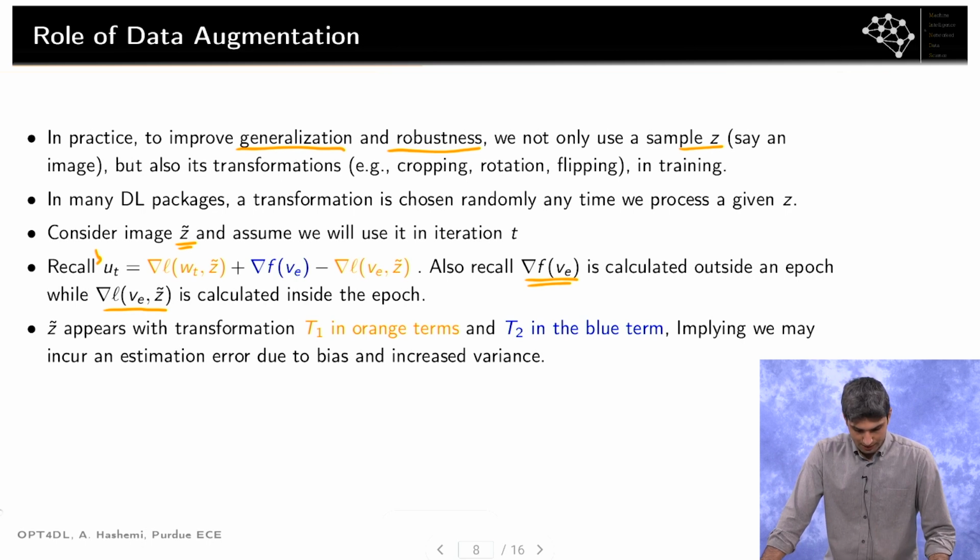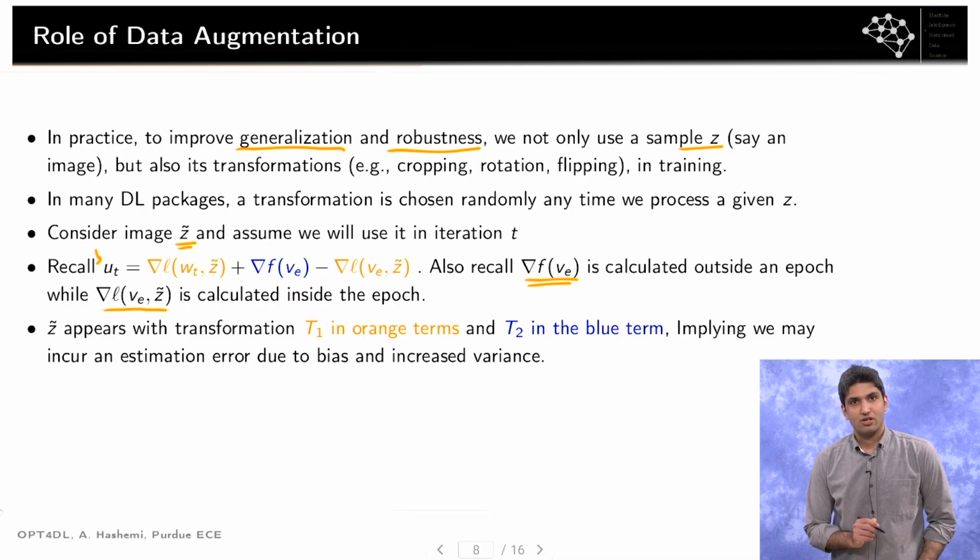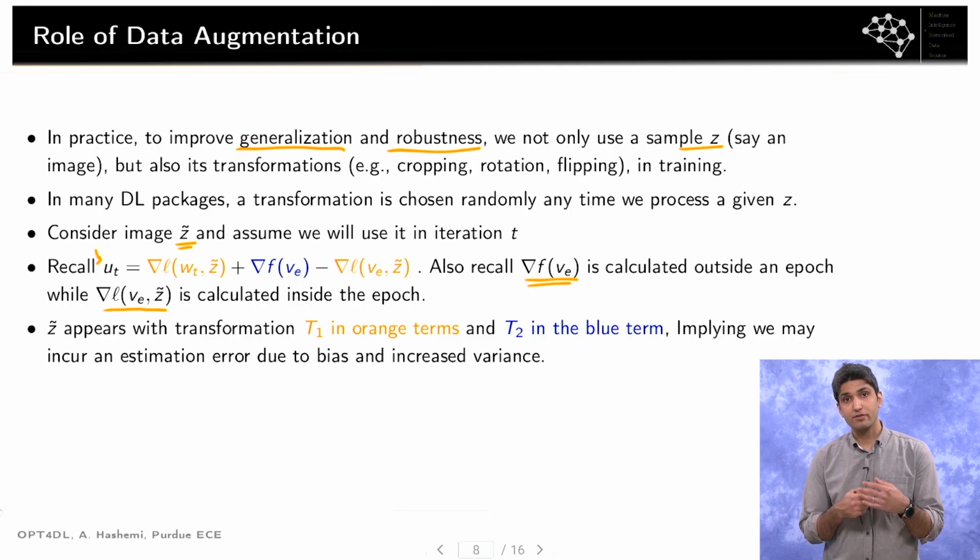However, Z tilde is an image in our data set, which means that not only does it affect these stochastic gradients that I've written in orange, it also affects this true gradient that I've written in blue. But I've processed Z tilde at 2 different times, which means that I'm going to sample 2 different transformations.